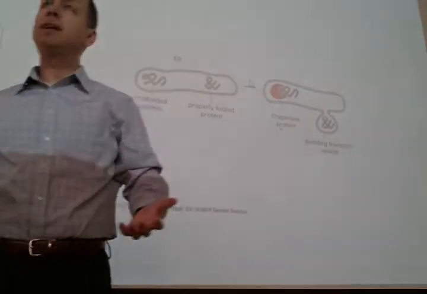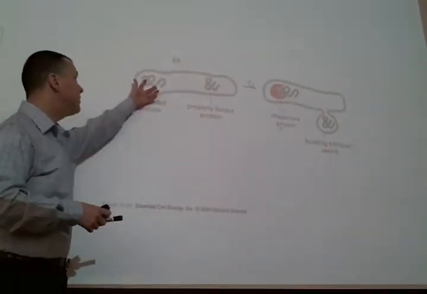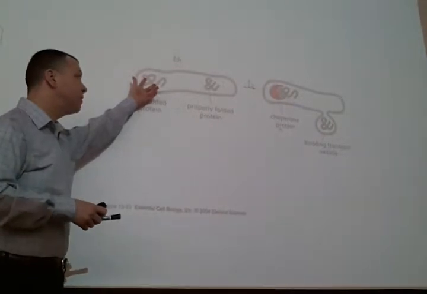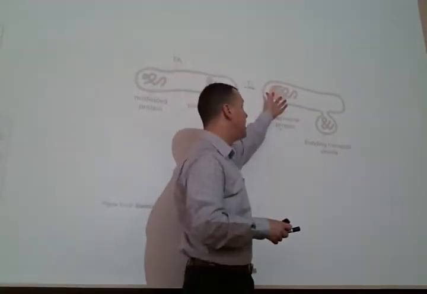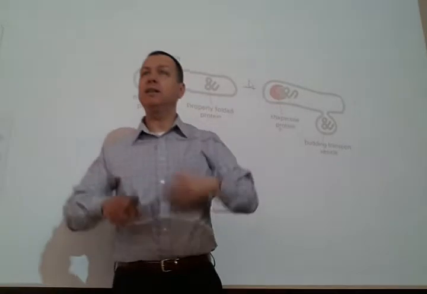Okay, so again, the cell has wasted time and, more importantly, energy making that protein that didn't fold correctly. If we just give it a little bit of help, and we get it to fold correctly, we get another functional copy of that protein. So things that are happening to some proteins inside the ER are mostly sugar-based, right?